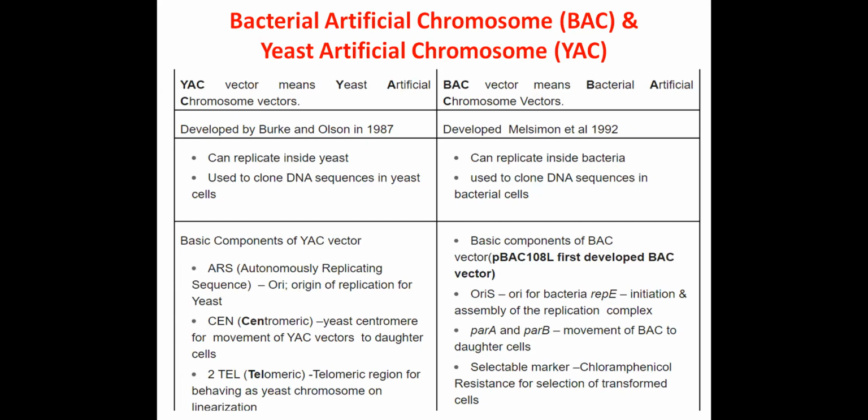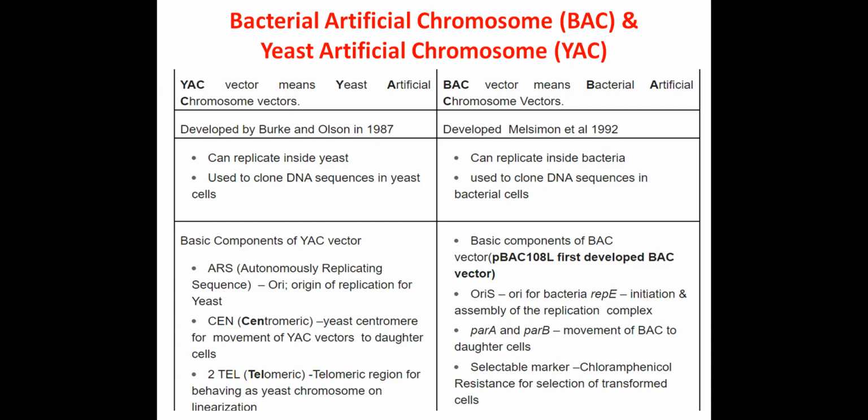Now, what are the differences between these? Because these are two very popular artificial chromosomes used for cloning large fragments. YAC means the yeast artificial chromosome, BAC means the bacterial artificial chromosome. YAC replicates inside the yeast and is used to clone DNA sequences in yeast cells. Here the host is the yeast cell.